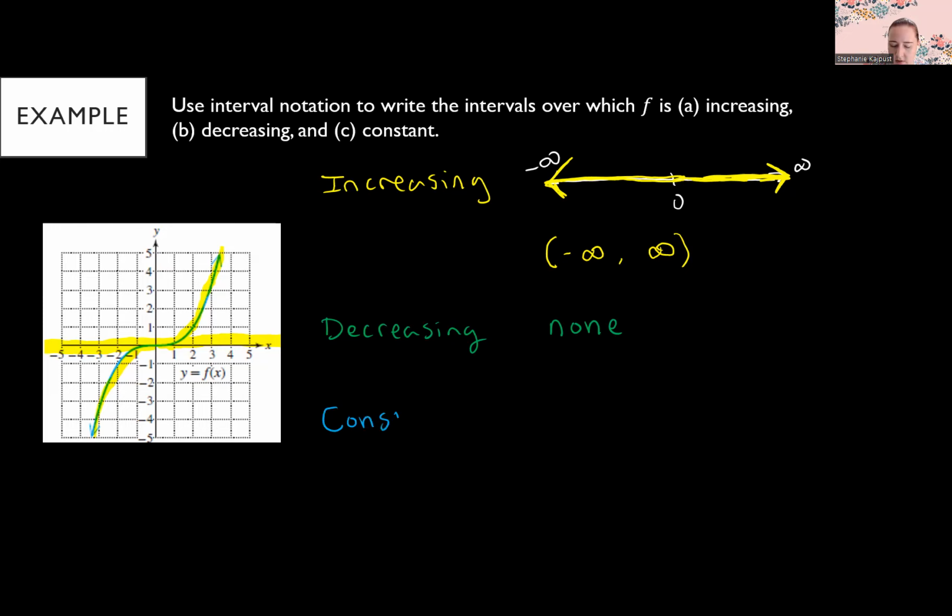And then constant, it's also none, because it's increasing everywhere. So you still have to answer, you just write none, or there's no decreasing intervals or no constant intervals. We don't necessarily use the empty set, but I suppose you could use the empty set to show that there's nothing in that interval, but that's more set notation versus interval notation.